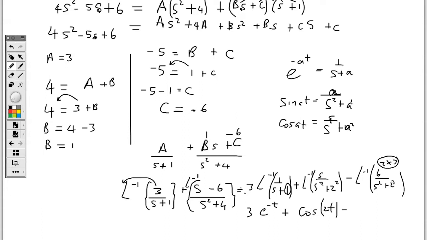Based on how the rule is, a should be in the numerator and denominator. So it means I need to factor out the 3 outside. So that means I have 3, and then transforming this based on this information, it will be sine 2t. And here we have found the inverse Laplace transform, where we transform the function of s to a function of t.